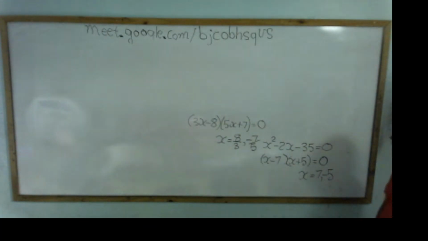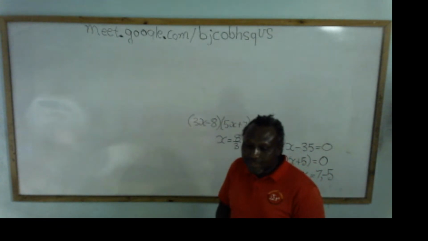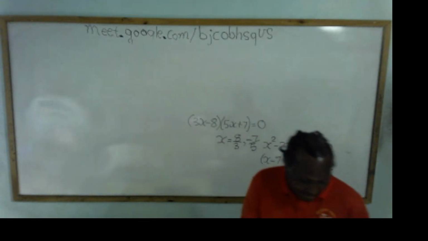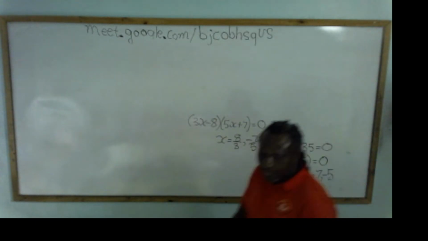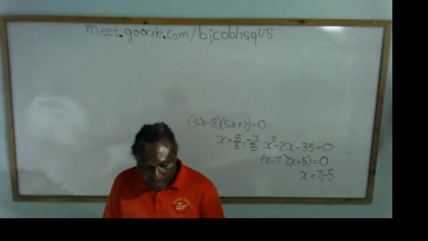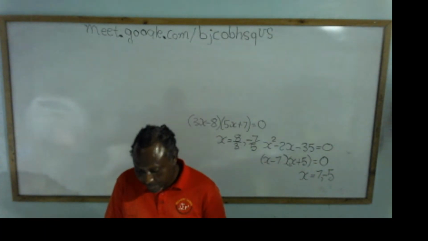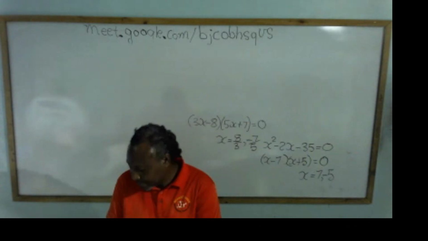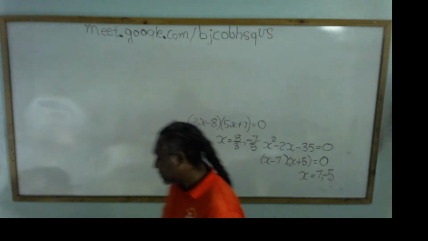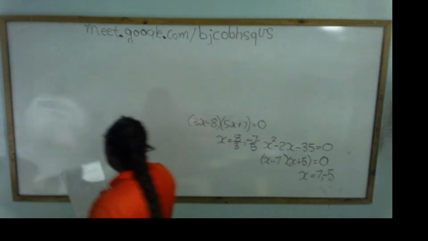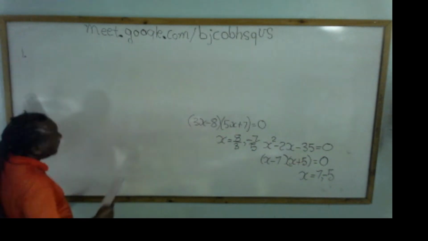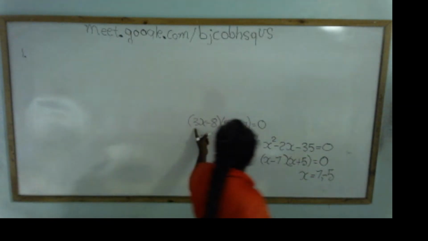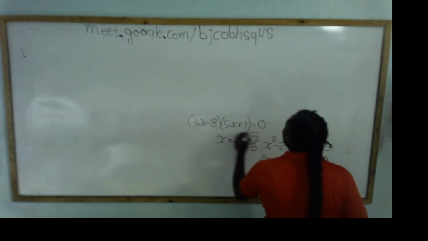So I'm going to leave them right there, and I'm going to place your exercise on the board. And we're going to execute that. Number 1, what I want you to do, when you see the expression written in the factorized form, I want you to write the answer down like that.